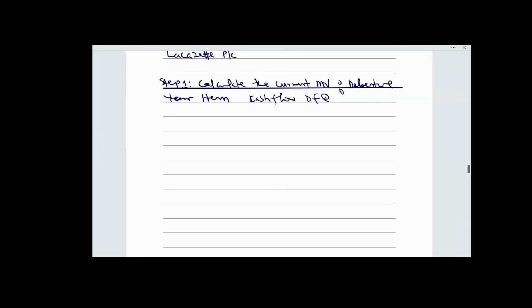We are given rate of return of 8% per annum. So the yield is 8%. So here will be 8.